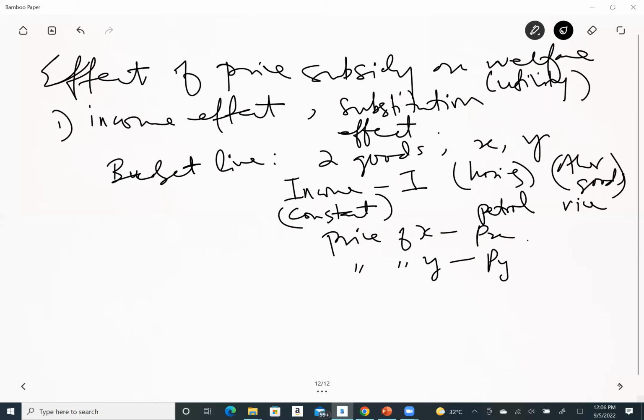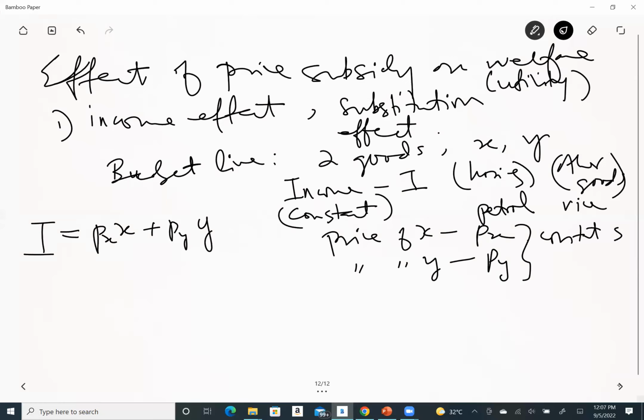So the income line or the budget line is I equal to what? Equal to PX times X plus PY times Y. So you have two goods, and these goods, X and Y, are the variables. The prices are also constants, given.